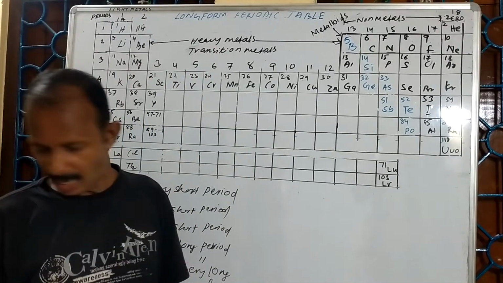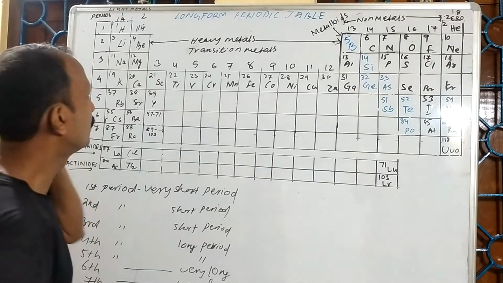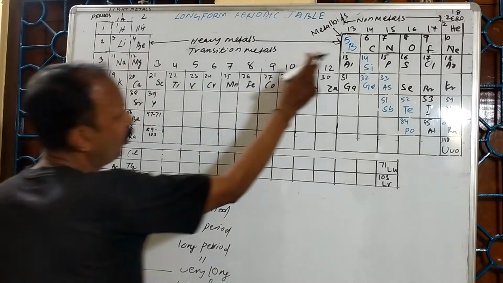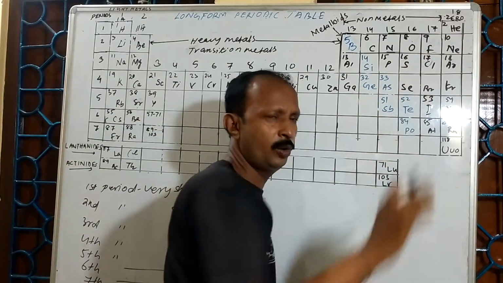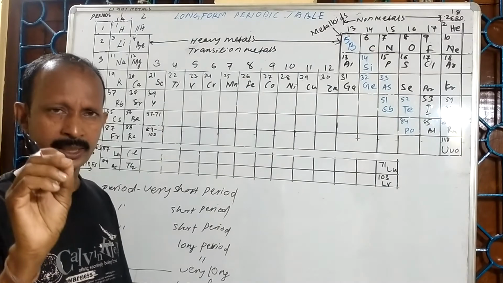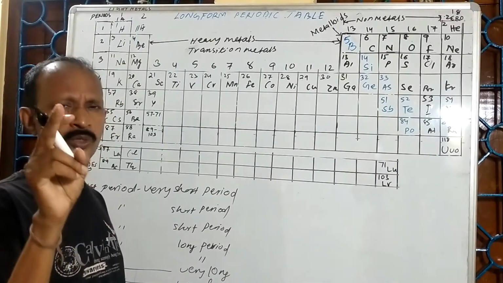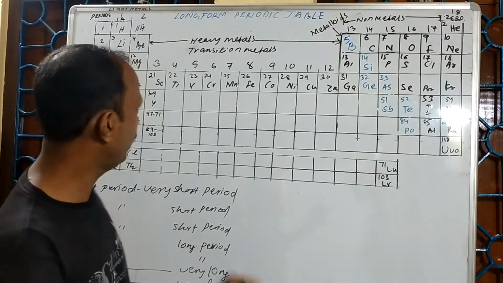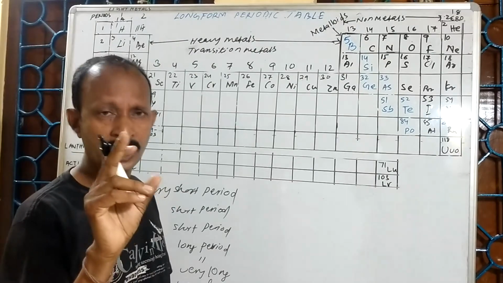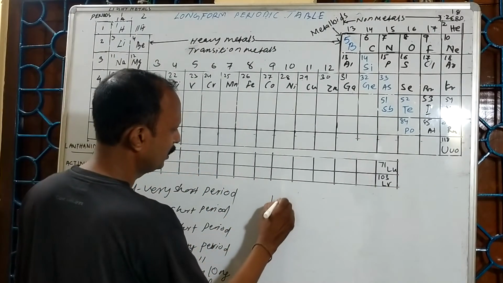You see that in the second period, how many elements are there? In the second period, you observe lithium, beryllium, boron, carbon, nitrogen, oxygen, fluorine, neon. Total 8 elements are there. Every period starts with a new cell. For example, elements belonging to the second period start with the second cell. See lithium.